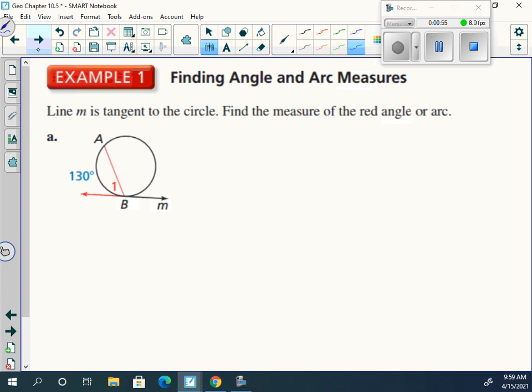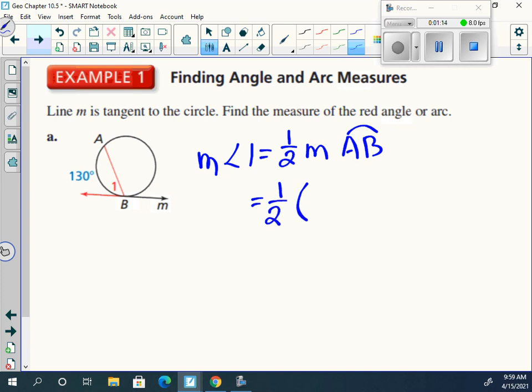So if we look at this first problem, they told us that the measure of arc AB is 130. Well, I know that the measure of angle 1 is equal to 1/2 the measure of arc AB. So we would take 1/2 times 130 degrees, because the measure of the angle is equal to half the measure of the intercepted arc.